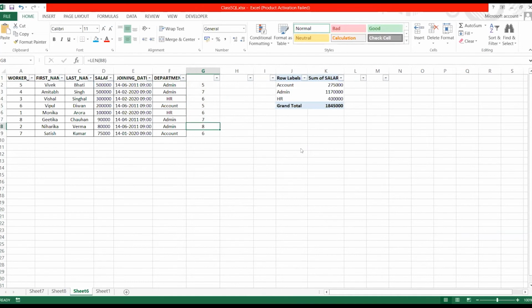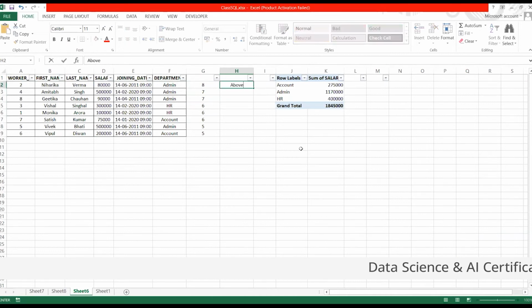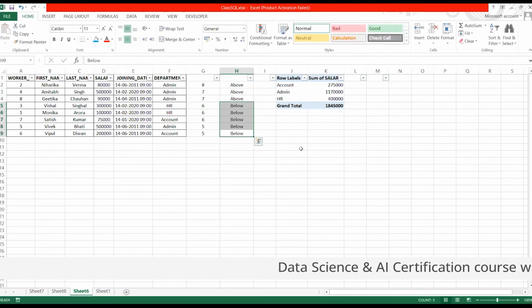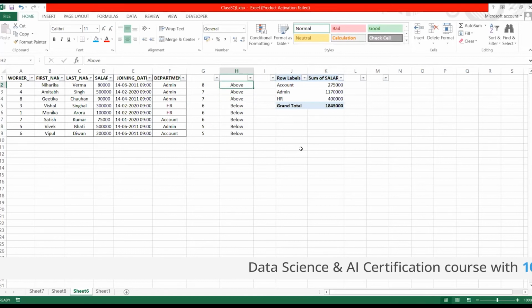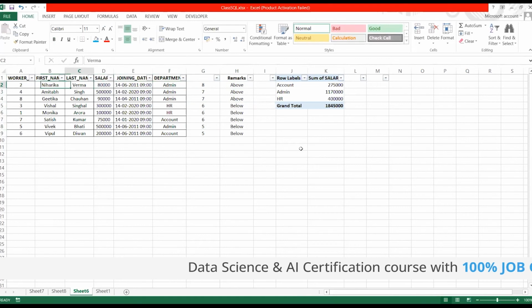I'm looking forward that wherever the length is greater than or equal to 6, or greater than 6, make it as above. So this will be above, above, above, above, and this will be below. This is what a case does. It helps you give a remark based on the values that you have over here.